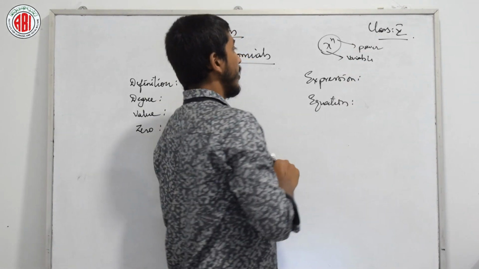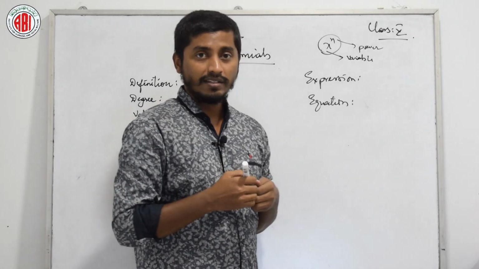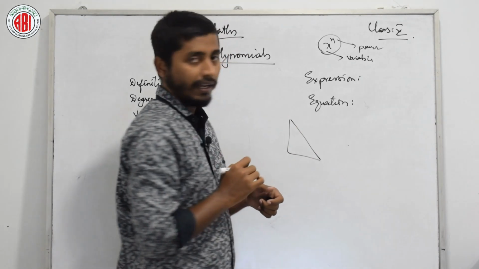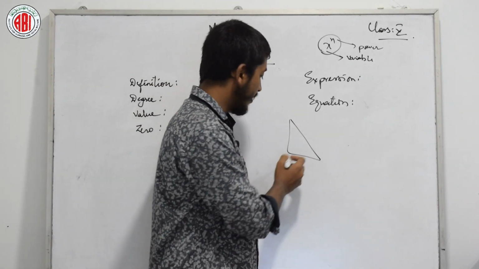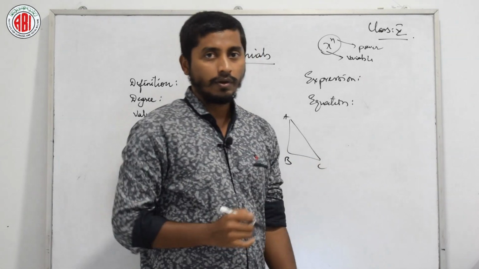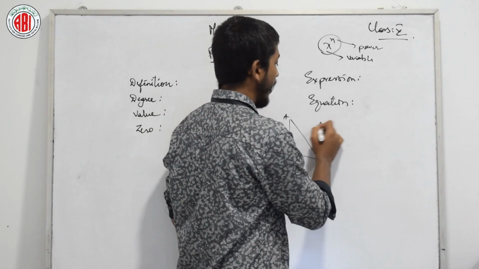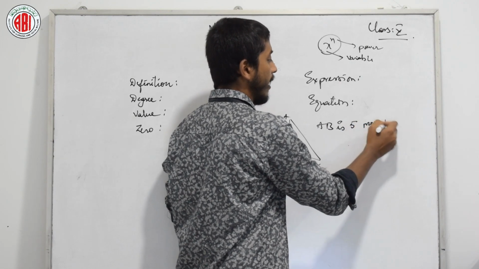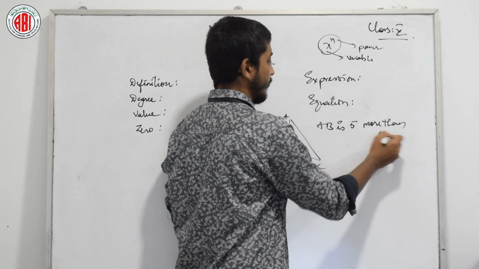Okay, for example, let us assume a right angle triangle ABC, where AB is 5 more than BC.